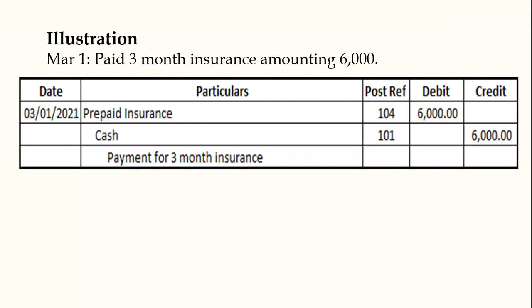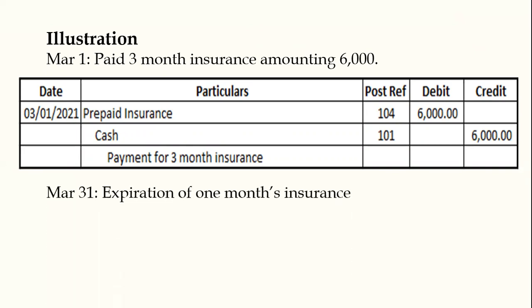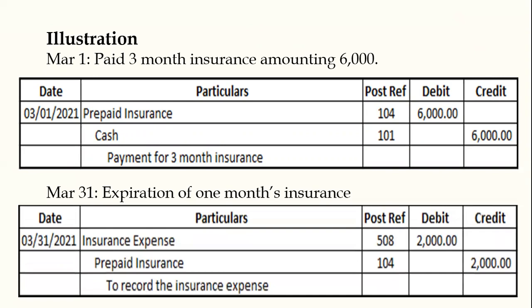So at the end of the month, March 31, there's a 1 month insurance already used. So we need to record an expense and to update the balance of the prepaid insurance. Okay, so how we are going to record this? So insurance expense 2,000 and then prepaid insurance 2,000. Paano nangyari yon?